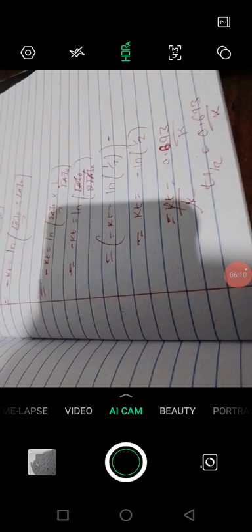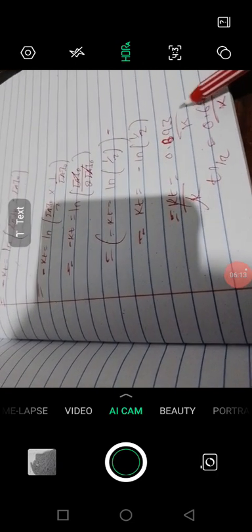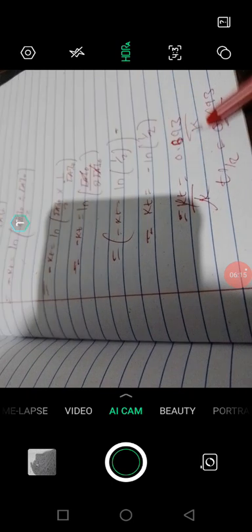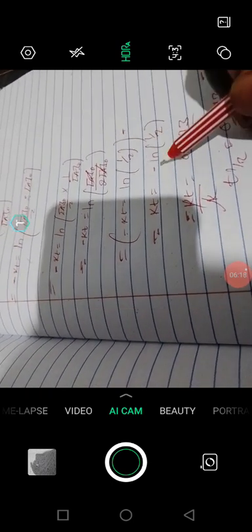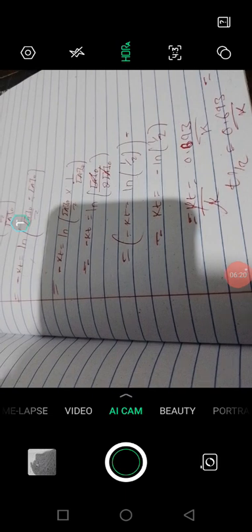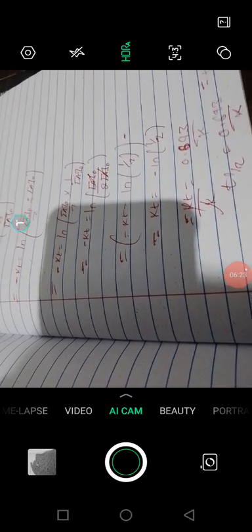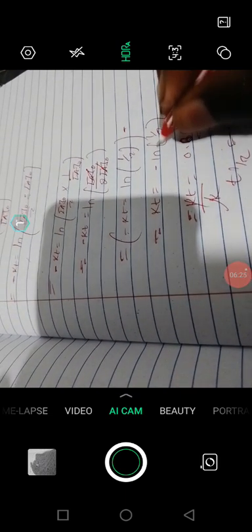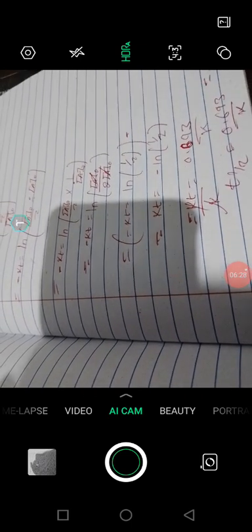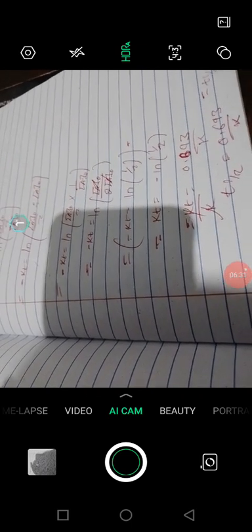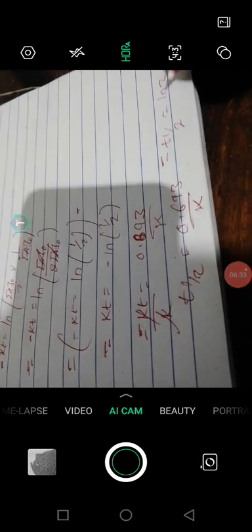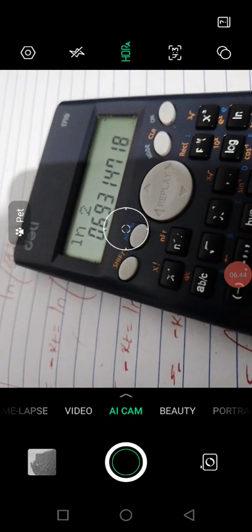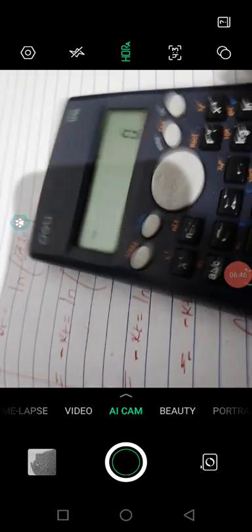The same applies: negative natural log of 1 over 2 is the same as the natural log of 2 divided by k, because if you punch it, it gives you one and the same value, 0.693.